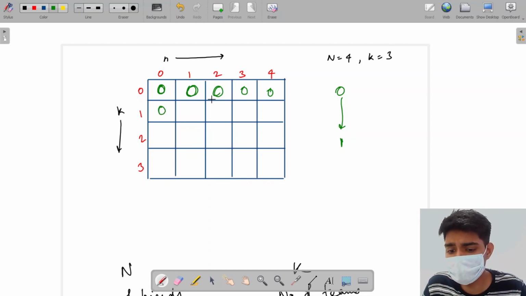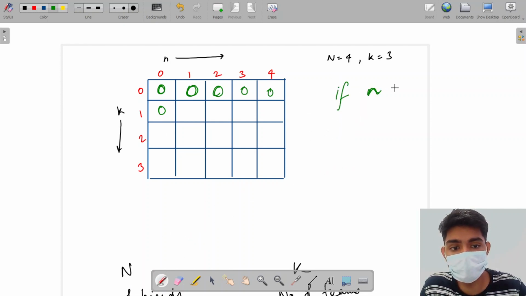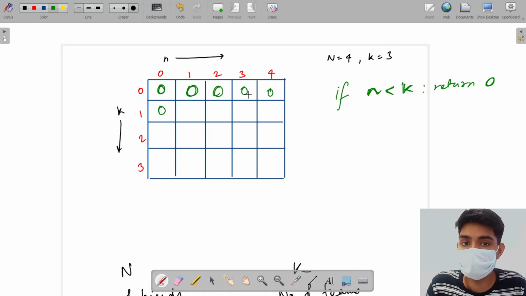So what I'm getting at is that if my n or my number of people are less than my number of subsets, then I can simply just put 0 because I know at that point my answer is going to be 0, because I cannot divide fewer people if my subsets are more.